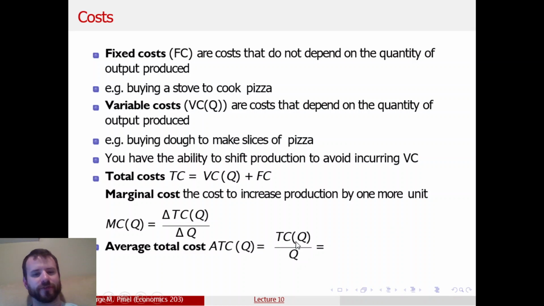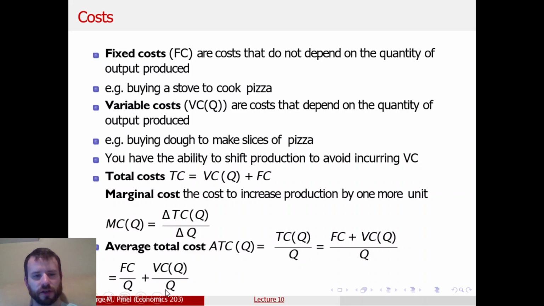So you can break down average total cost into its components, just like you can with marginal cost. If you want to throw in the components of TC into the numerator, you can do that: FC plus VC times Q, divided by Q. And you can decompose the numerator, right?